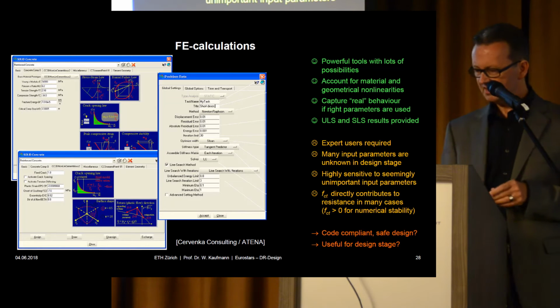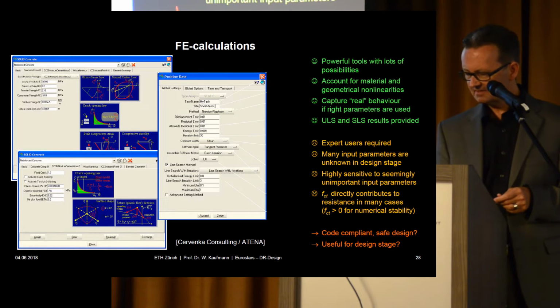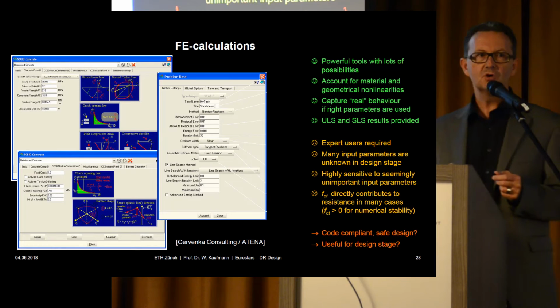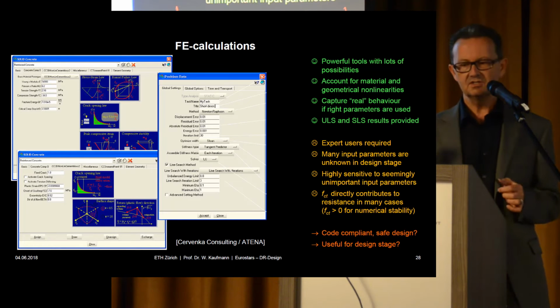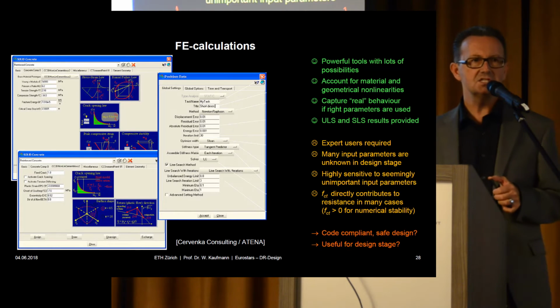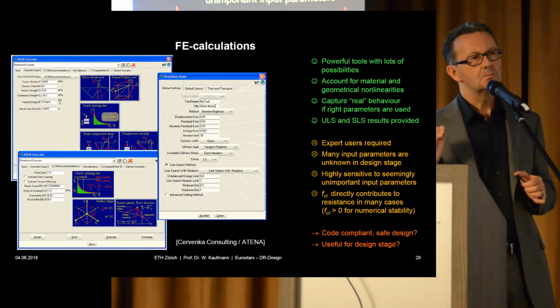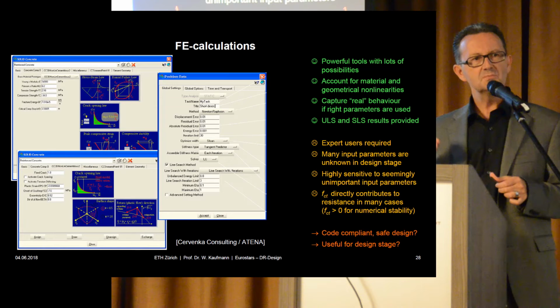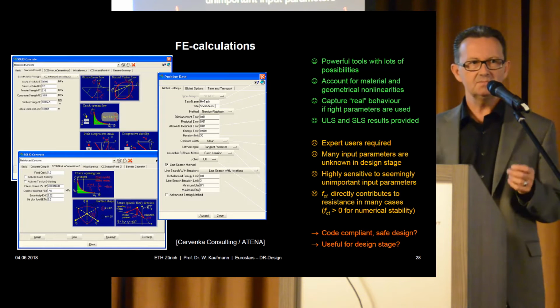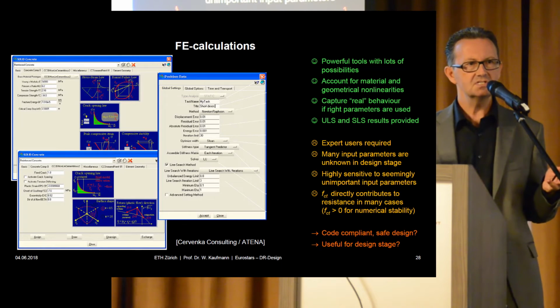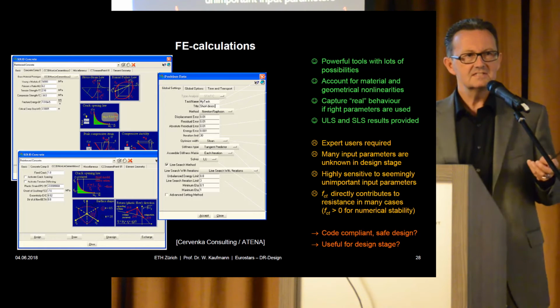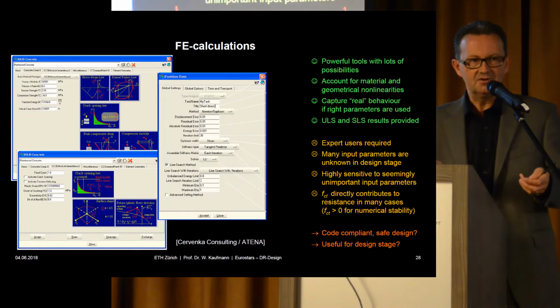And last point, I think it's not unimportant. In most of these programs, the tensile strength of the concrete contributes to a major or medium degree to the strength. Because to make these programs numerically stable, in many of them there are some smeared crack approaches where somewhere the tensile strength of the concrete is there.